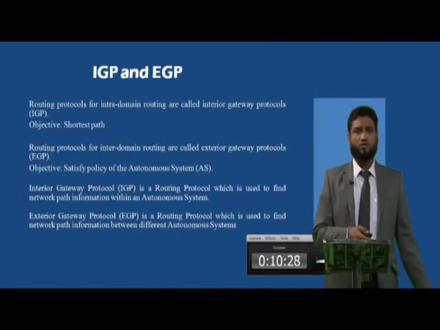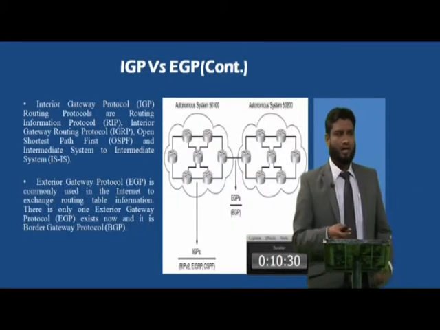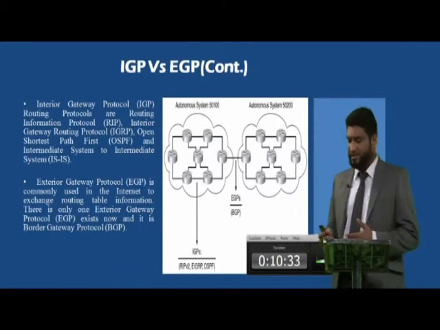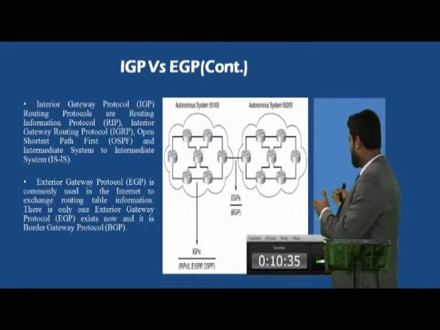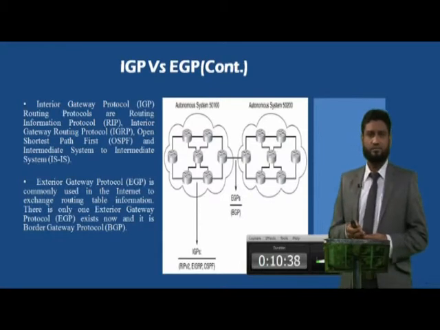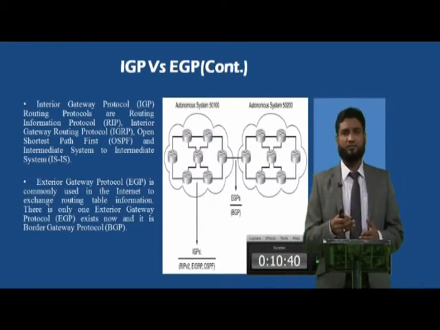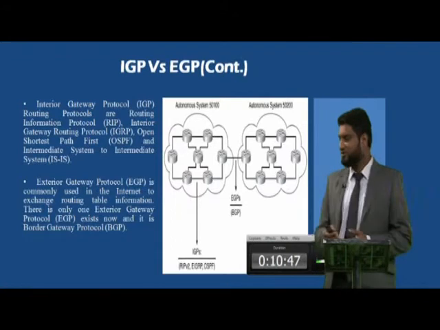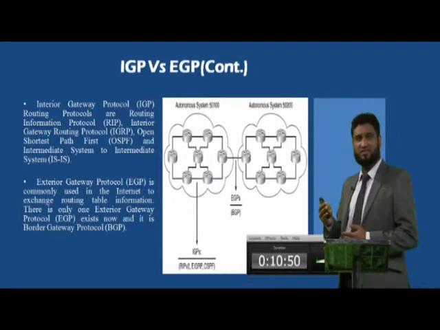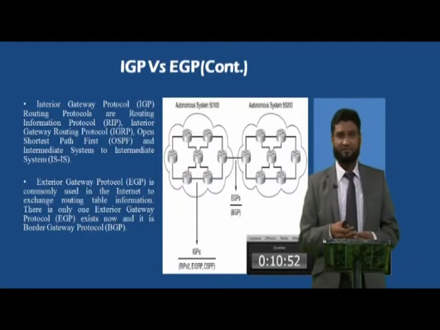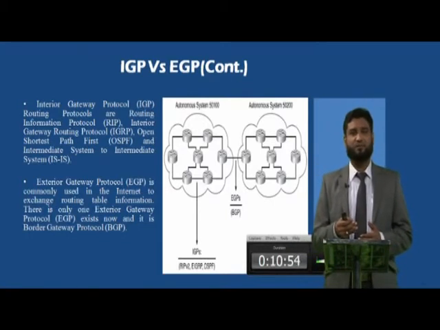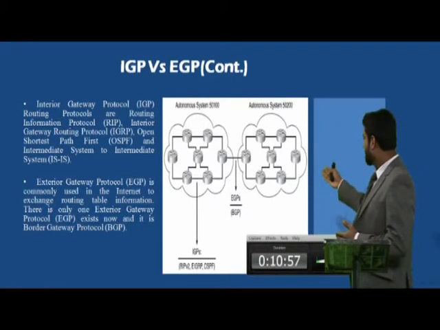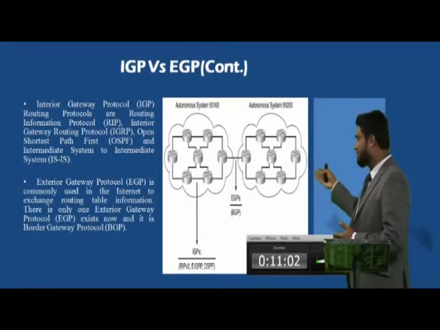Okay, so in this figure, IGP versus EGP, you can see there are two different autonomous systems. In one autonomous system, RIP version 1, RIP version 2, EIGRP, and OSPF can be considered. In the other autonomous system, the same routing protocols can be considered. These RIP, EIGRP, and OSPF protocols in this figure can discover remote networks in the same autonomous system.